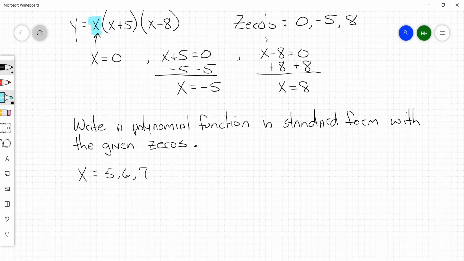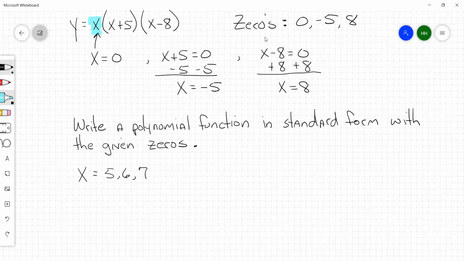If those are your 3 zeros, the next thing you want to do is write your factors. If you remember, x plus 5 equals 0, well, if -5 is a zero, then x plus 5 is a factor. If +8 is a zero, then x minus 8 is a factor.